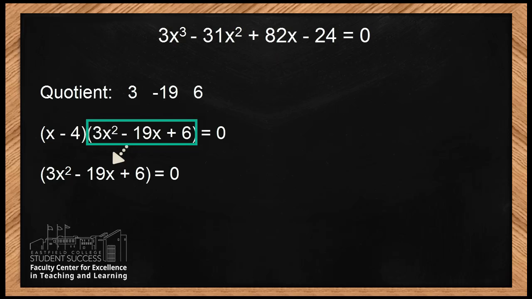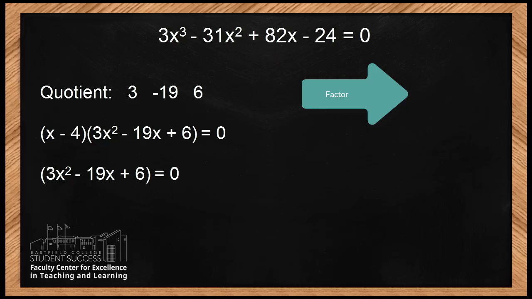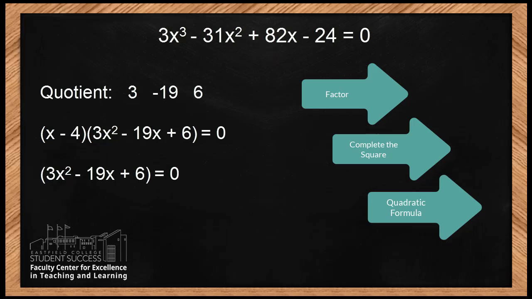Well, remember, how do we solve quadratic equations? We have options. We can see if it factors. So factor if you can. If you cannot, you can complete the square. If you don't remember how to complete the square, remember that the quadratic formula will always work.